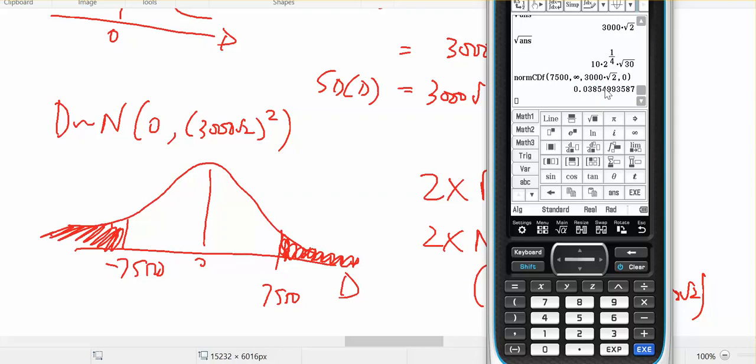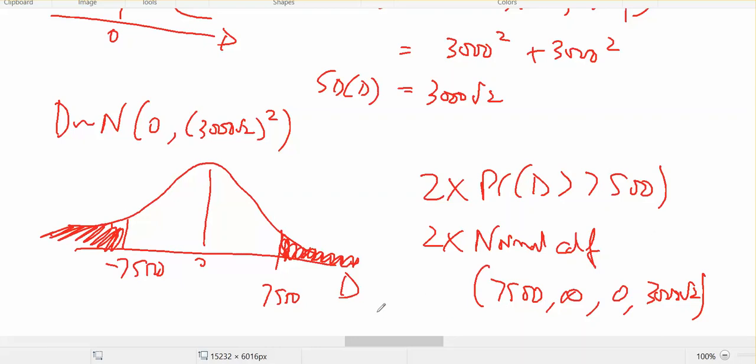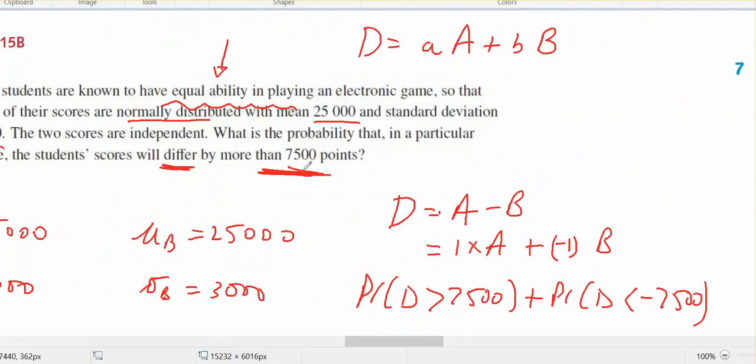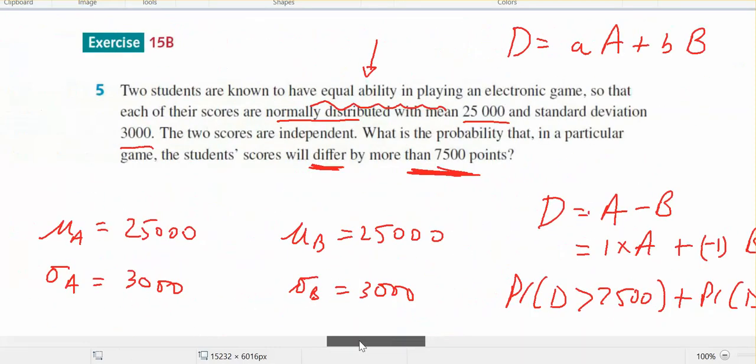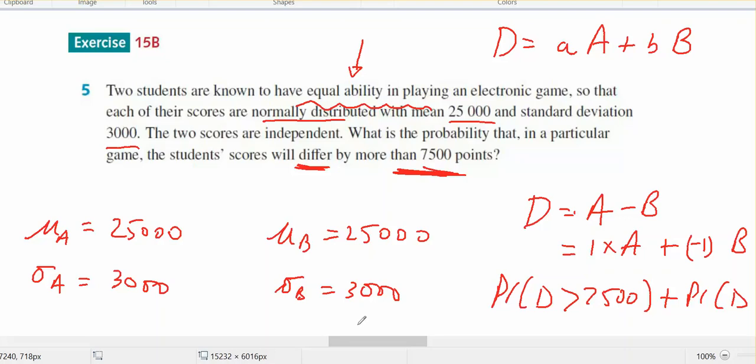And that gives me one lot of that, so times by 2 is going to be a probability of 0.0771, being the probability of the difference between the two players is more than 7,500. Is that okay with that question?